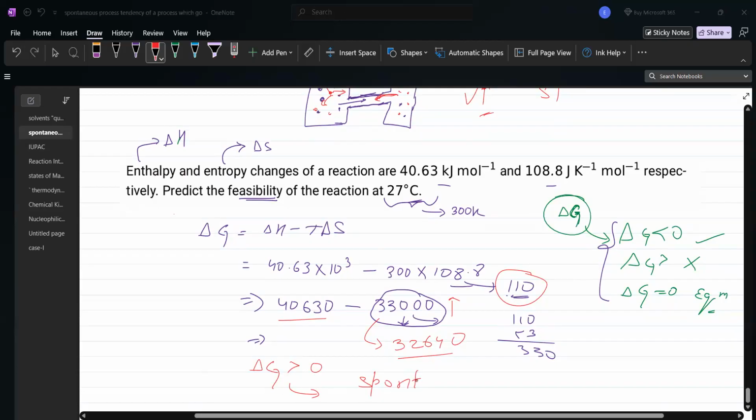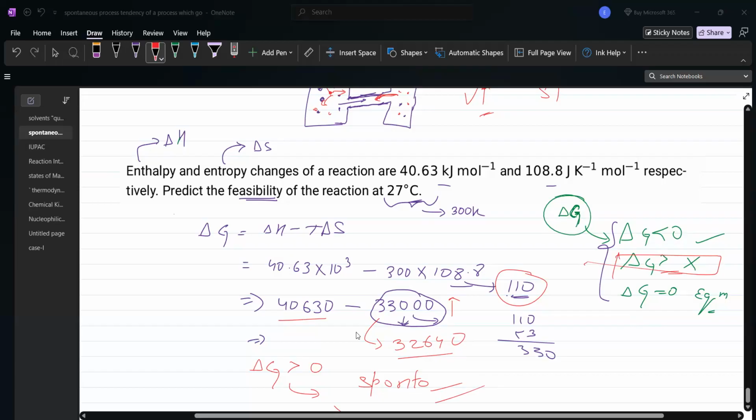Yes, sir. Non-spontaneous. Yes, delta G is greater than 0, so it will be non-spontaneous. Everybody understood this? Ali? Yes, sir.